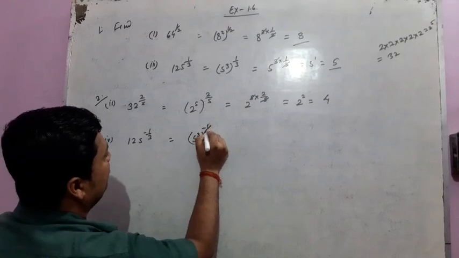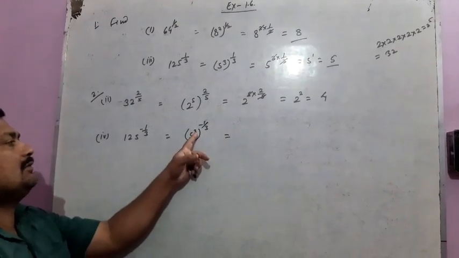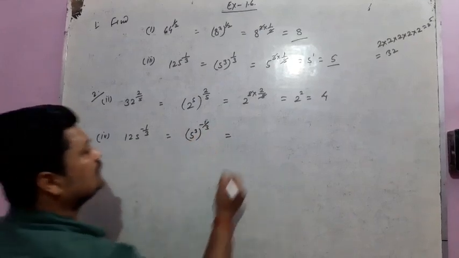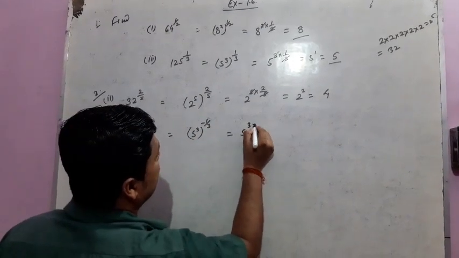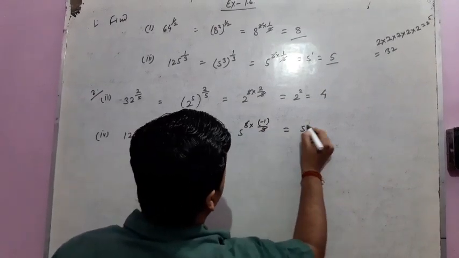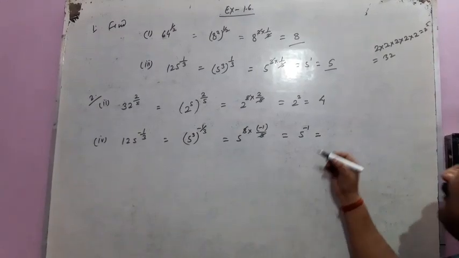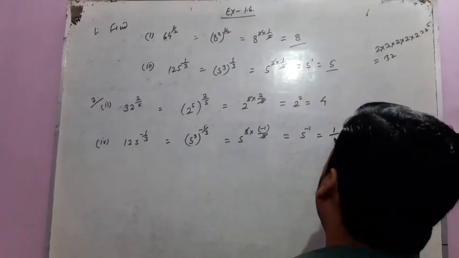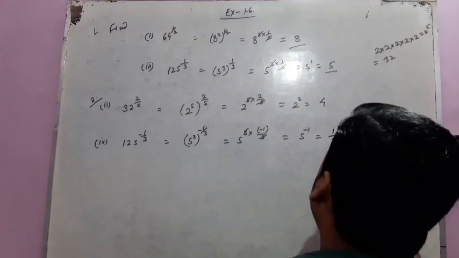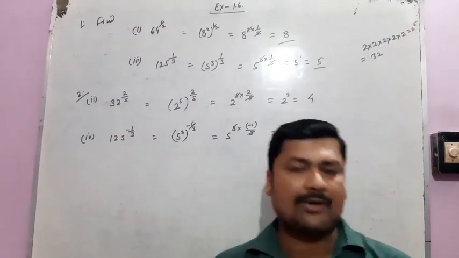Minus 1 by 3. Now for solving it, we multiply both exponents of the same base. Now what remains here? Minus 1. Now for removing the negative sign of the exponent, we write its reciprocal, 1 by 5. That's our answer. In the same way, you can solve the rest of the questions of question number 2.